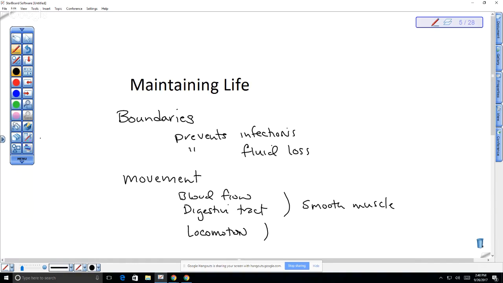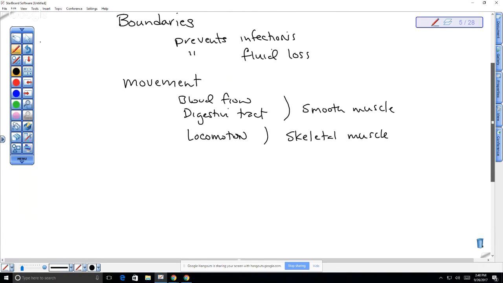And what type of muscle is that? Allows us to move. Skeletal muscle. The heart pumps the blood, right? So that would be cardiac muscle.